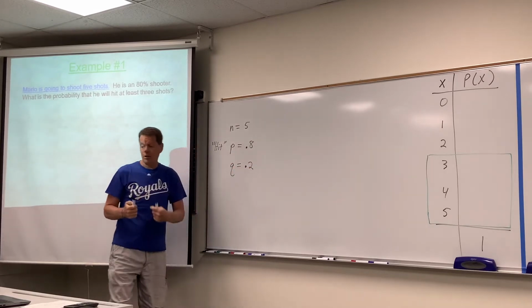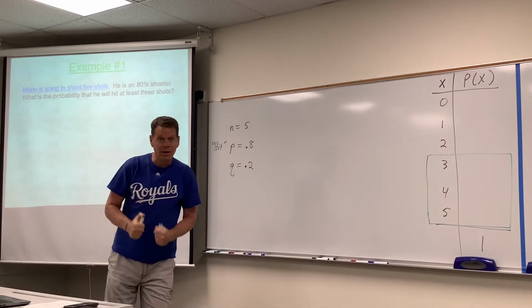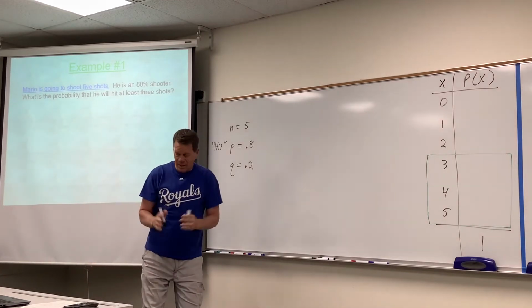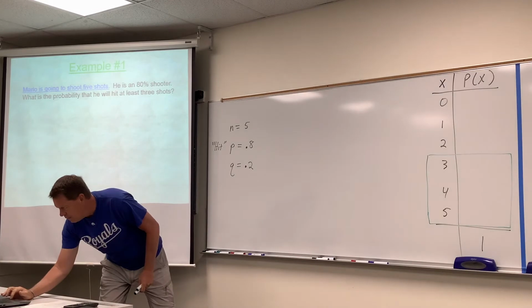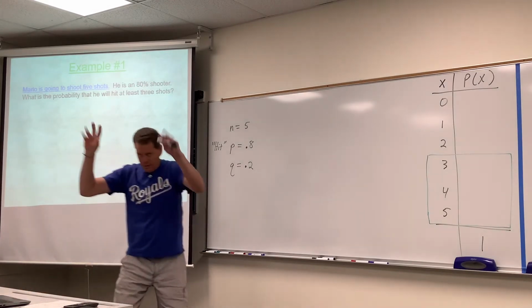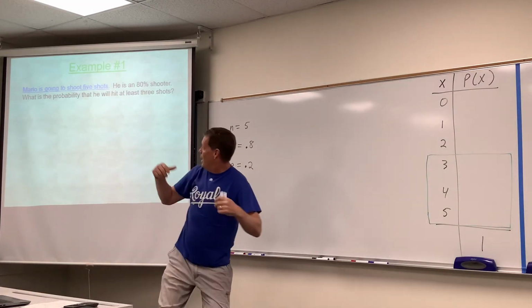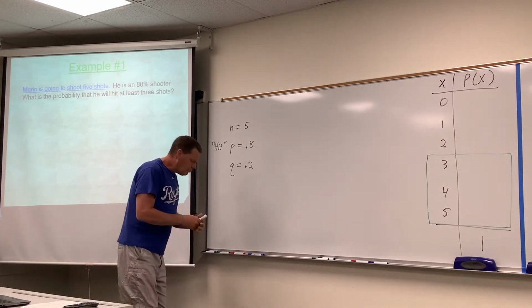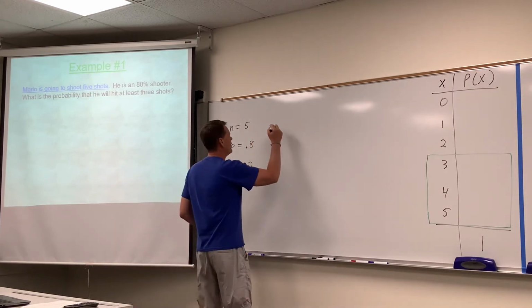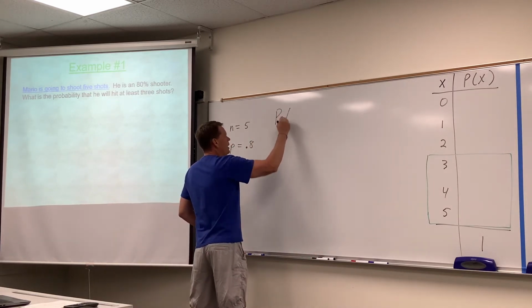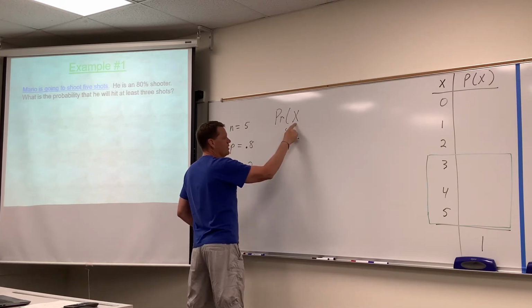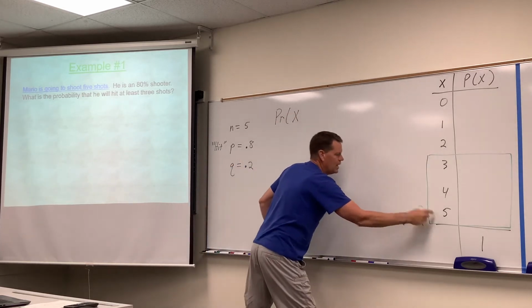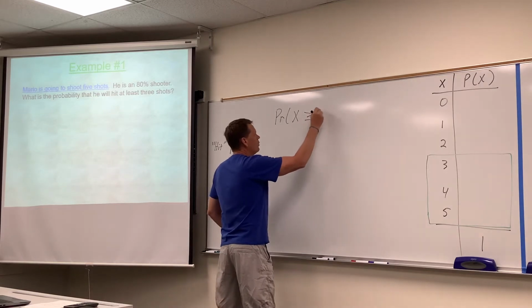We did this exact question on assignment 15, so this is indeed a flashback. The way we would set this up is the probability that the number of hits is at least 3. So wouldn't that be greater than or equal to 3?